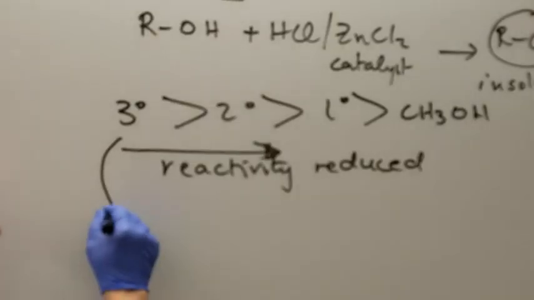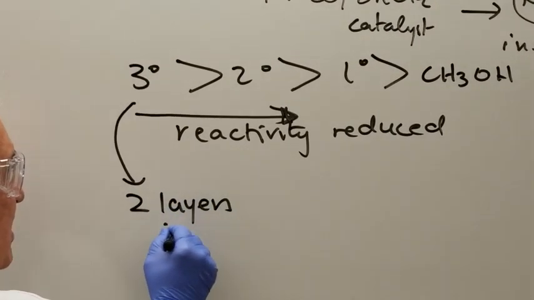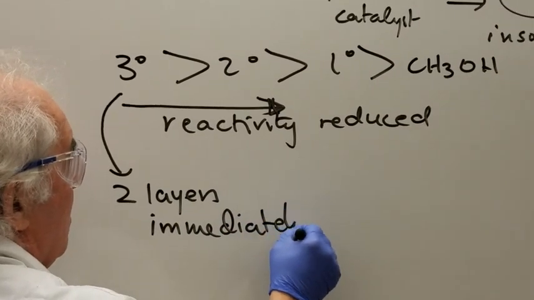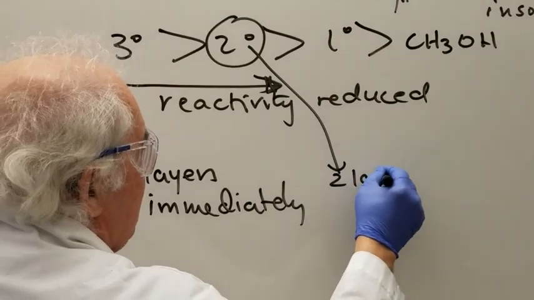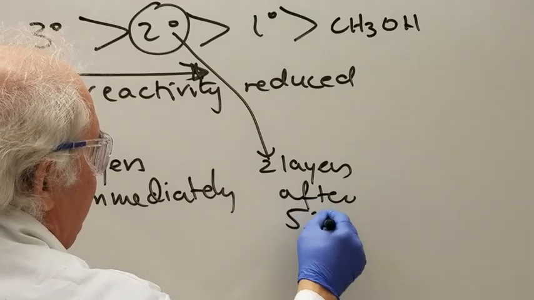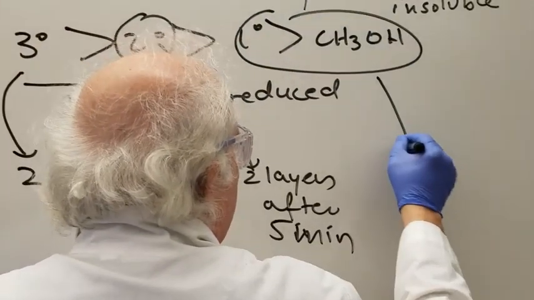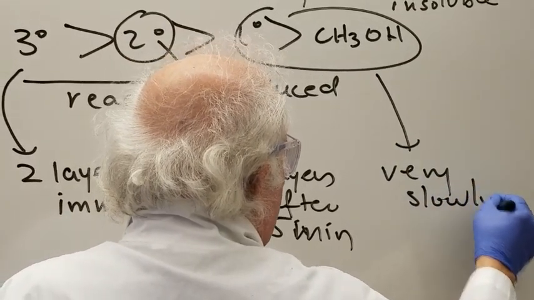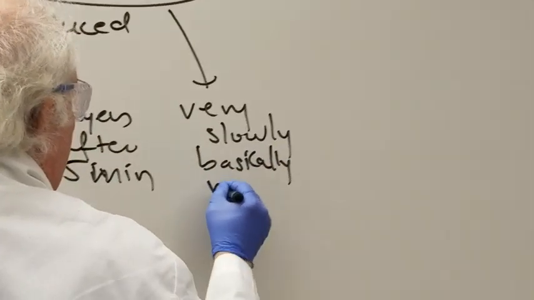And in the tertiary situation, you see two layers immediately, the secondary one, you see two layers after 5 minutes. And here these two react very slowly. So basically, no reaction.